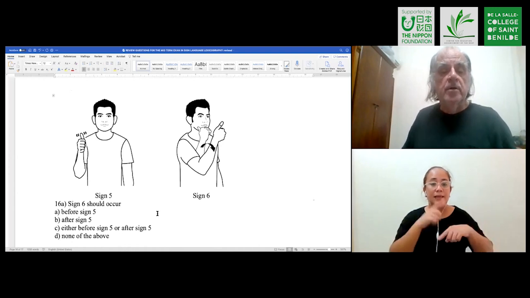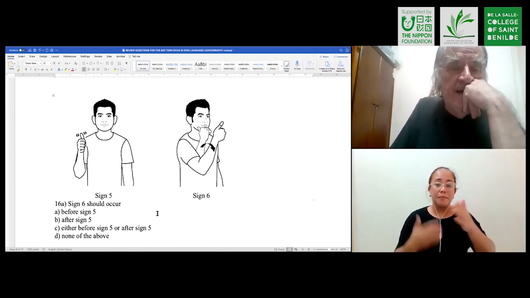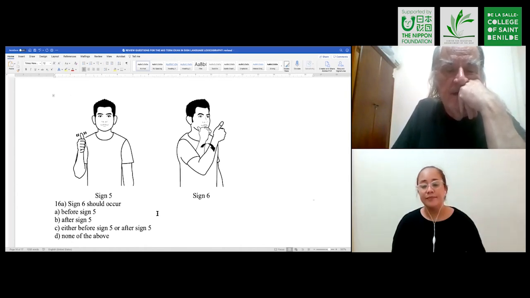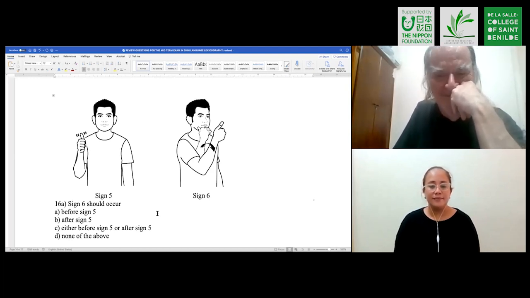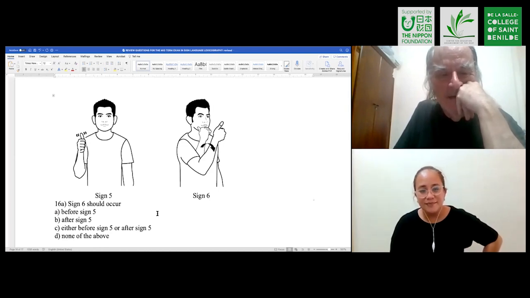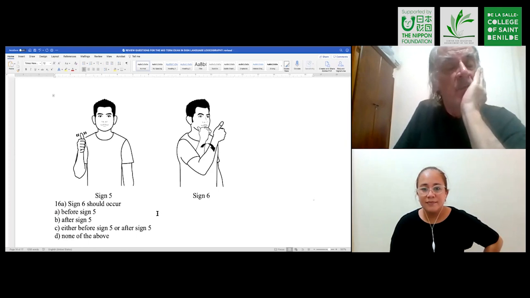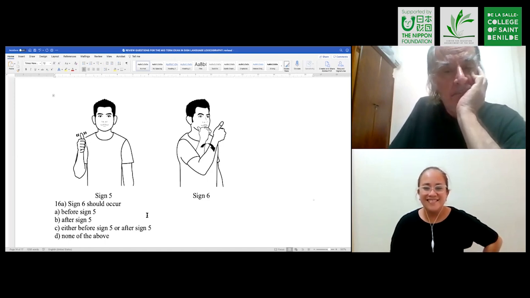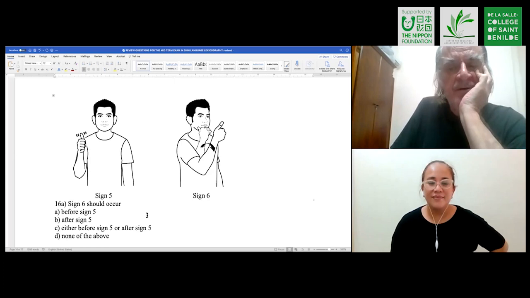Sign 6 should occur before sign 5 or after sign 5. I see A and B. Well, I have to decide. Meng says A. Everybody else says B. Nat says B. So Meng and Nat are B. Now Nat's changing his answer to A. A is the correct answer.